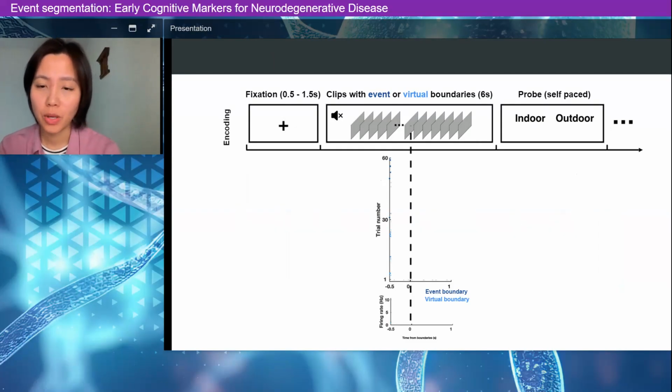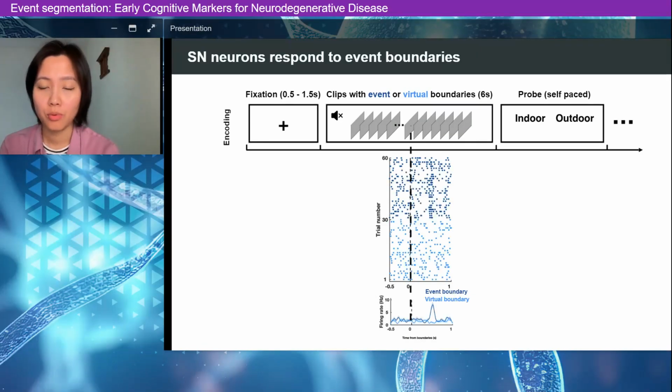So at the neural level, we also want to see whether there are neurons actually responding to those different boundaries we embedded in the clips. As shown here, we align the neural activity to 0, so either it's the onset of event boundary or virtual boundary, color-coded differently for those two different conditions. And this is one example neuron we have found in the substantia nigra, with each dot representing the activation of that specific neuron and color-coded differently for these two different conditions.